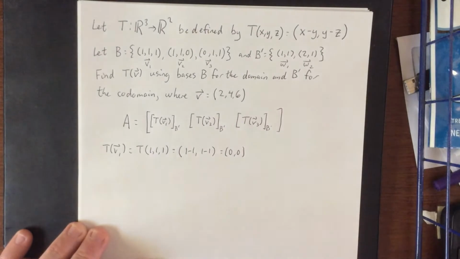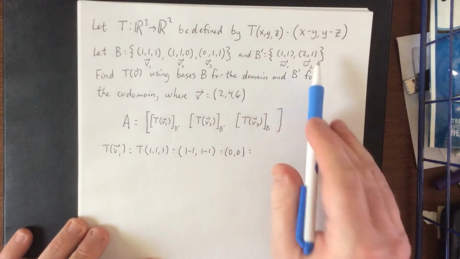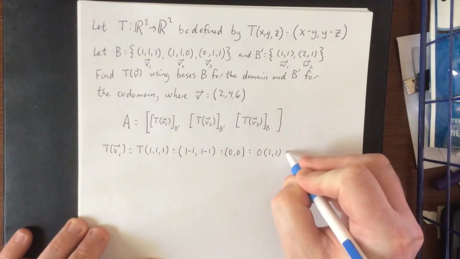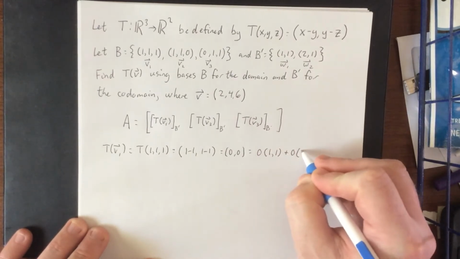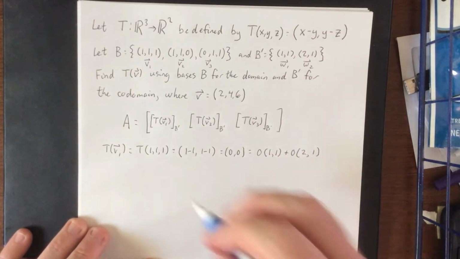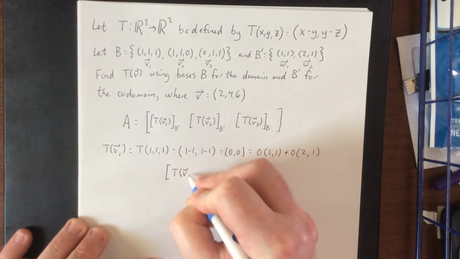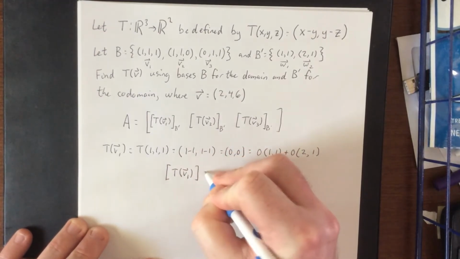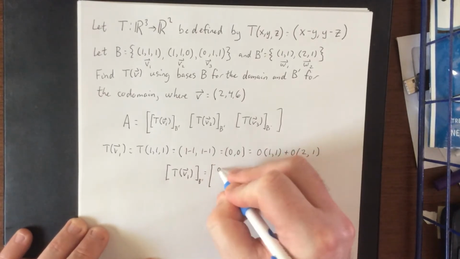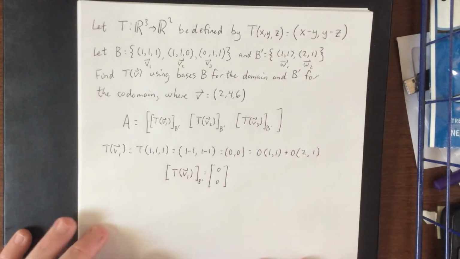Thankfully, we get the 0 vector, which I can set up really easily as a linear combination of these two basis vectors by saying it's 0 times (1, 1) plus 0 times (2, 1). As such, the first column is going to wind up being (0, 0). So the coordinate matrix of the image of v1 relative to basis B prime is going to be (0, 0) because of these two coordinates right here.